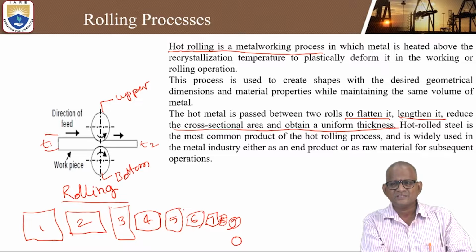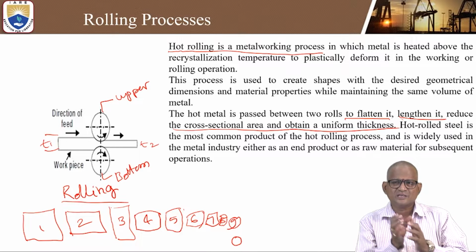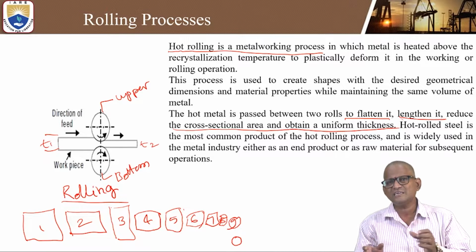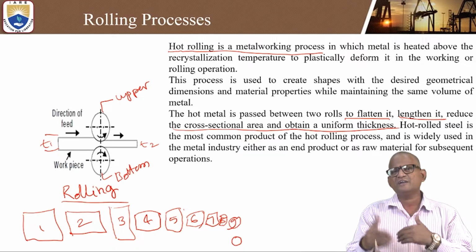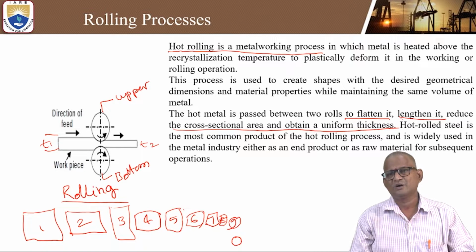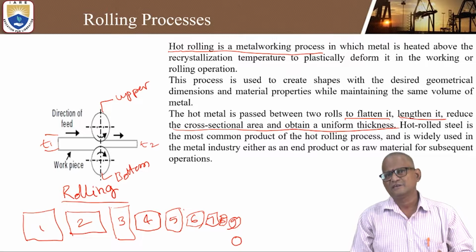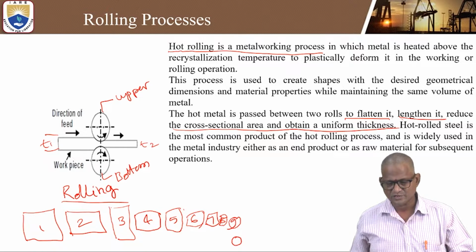It is widely used in the metal industry because the end product should be a raw material for subsequent operations. It is very difficult to change shape in one pass. Automatically a number of passes are required so that you can change the original thickness to a final thickness. This is the general principle involved in the hot rolling process.